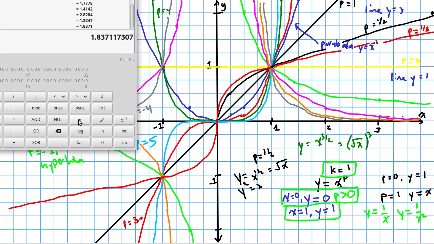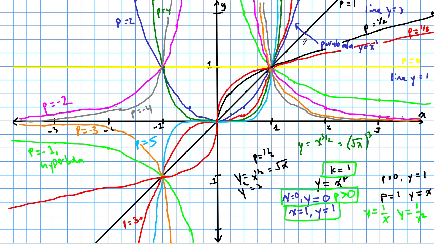So if we put in 1.5, we get out 1.83, which is close to this point here. So our line would curve through 1, 1, like they all do, and it will come here. And if you notice, this is p is 3/2.